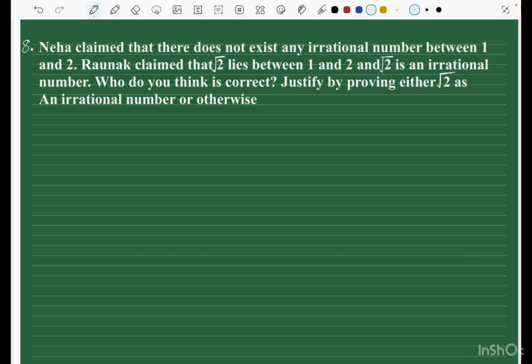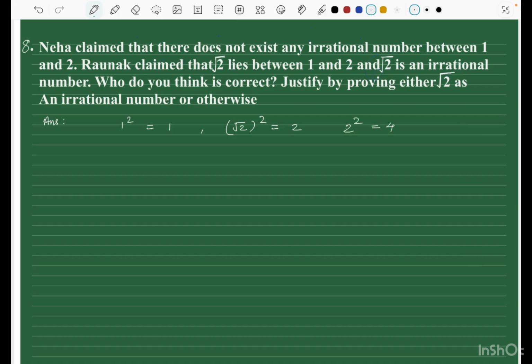So first we have to prove that root 2 lies between 1 and 2. Next we have to prove that root 2 is an irrational number. Take 1 square is equal to 1 and root 2 all square is equal to 2.